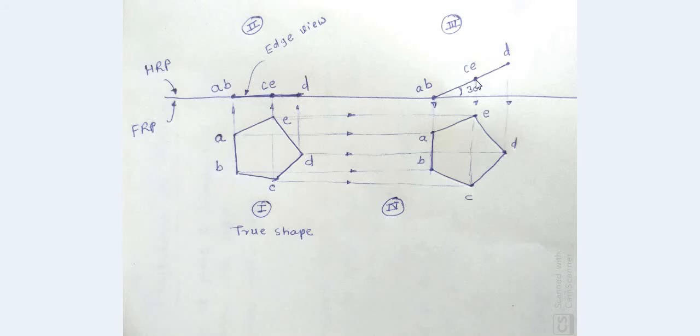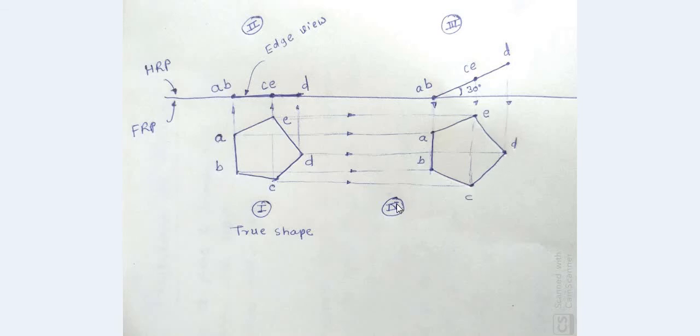So from each point on this edge view changed to our front view, if you draw the projector and the corresponding projectors from the previous top view, we will be getting points at this location A, B, C, D and E. And after joining all these 5 points, this changed top view is complete.